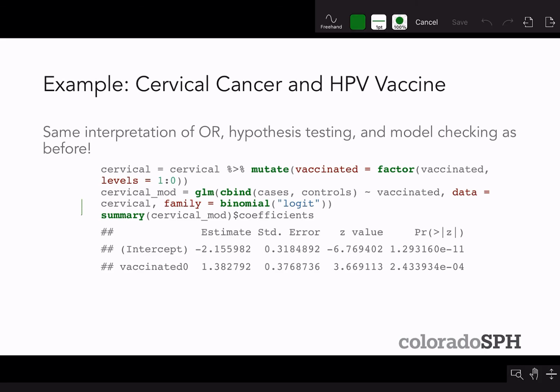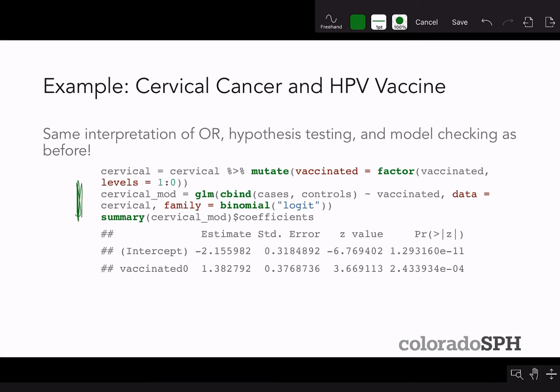Just like we have before, we can use logistic regression to run this model. In this case, I want those who have been vaccinated to be the reference group, so I'm just refactoring that variable. I'm running a logistic regression model with case or control status as the outcome against the vaccinated variable.